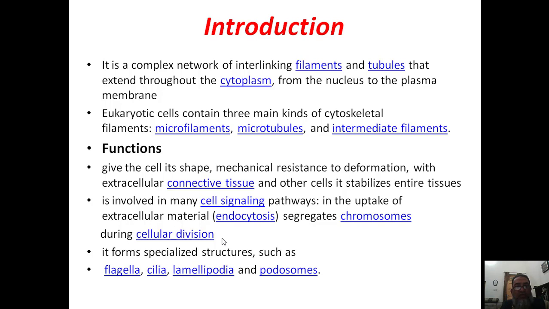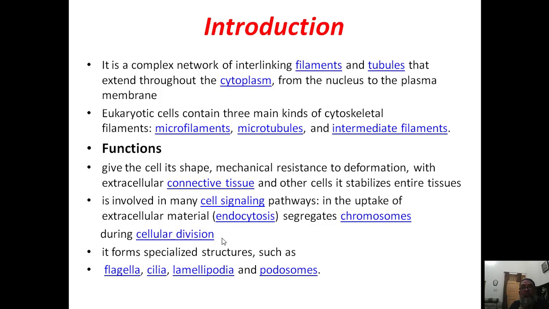The second function is that it is involved in many cell signaling pathways, in the uptake of extracellular material, endocytosis, and chromosomal segregation during cell division. This is a very important function of microtubules and microfilaments.